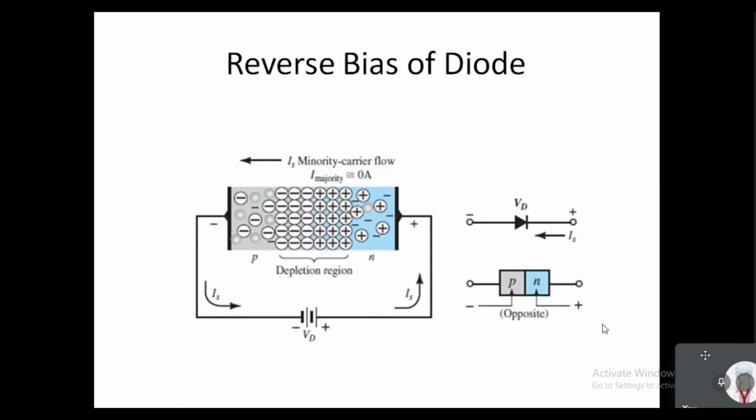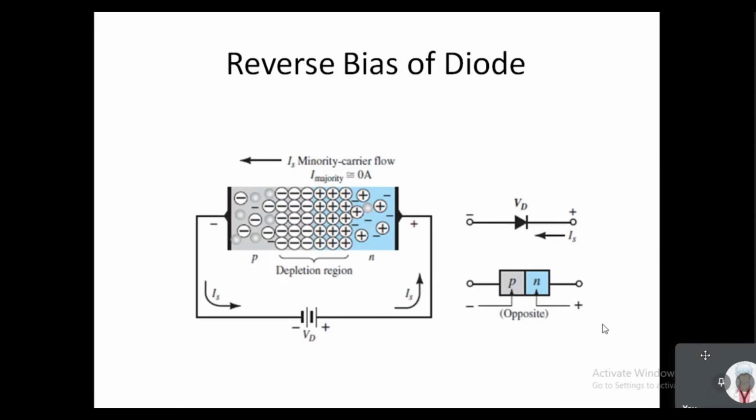With the increase in the depletion width, your barrier has increased further. So in the presence of this increased barrier, the majority charges can no longer travel from their region into the other region. No holes from the P side can go into the N side, and no electrons from the N side can go into the P side.